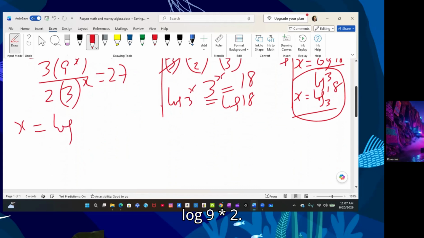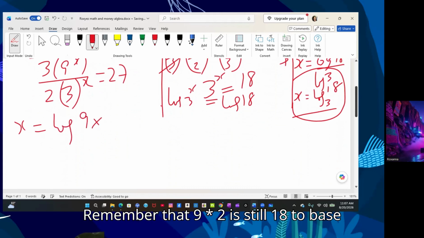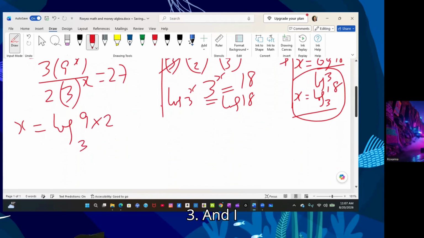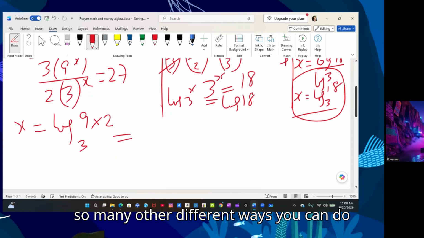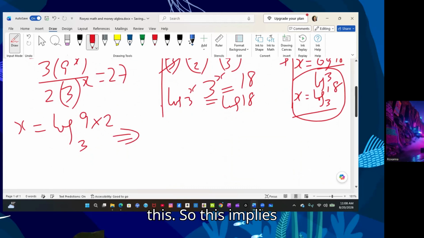log of 9 times 2 to base 3. Remember that 9 times 2 is still 18. And I can rewrite it. So there could be so many other different ways you can do this. So this implies 9 is 3 to power 2.